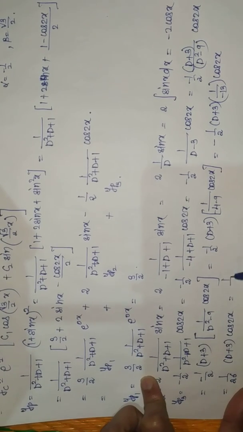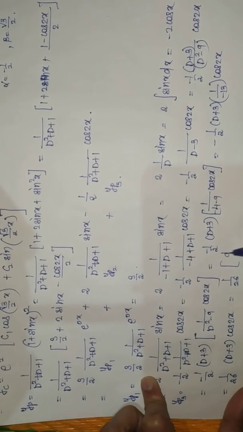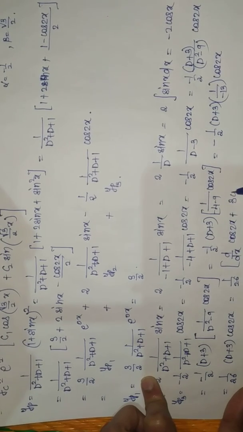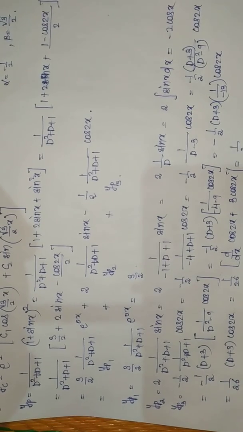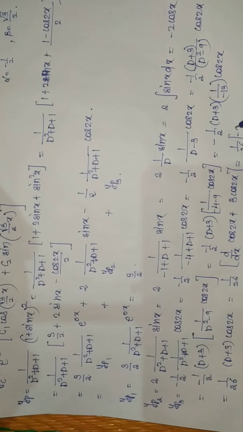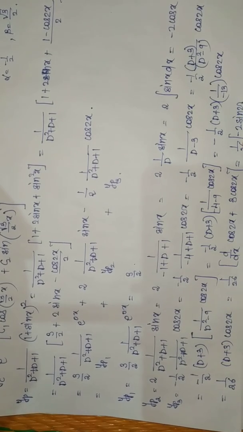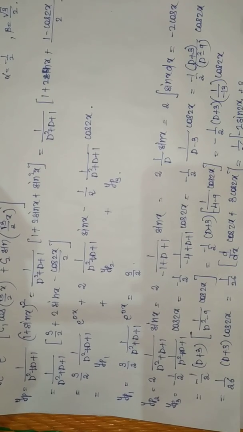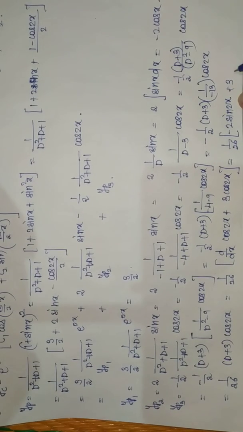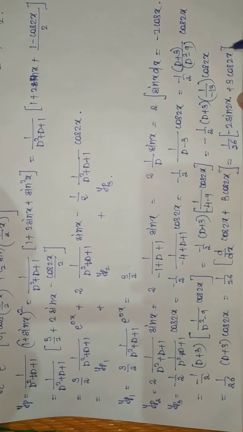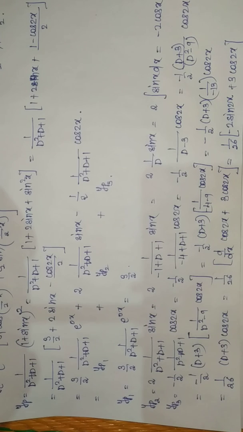Now D means derivative: d by dx of cos 2x plus 3 into cos 2x. So 1 by 26 times the derivative of cos 2x, which is minus 2 sin 2x, plus 3 cos 2x. This is my required particular integral.